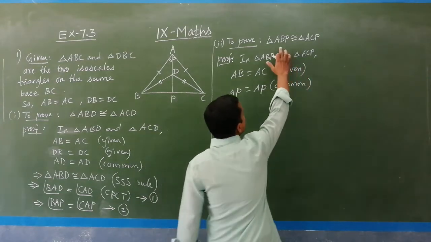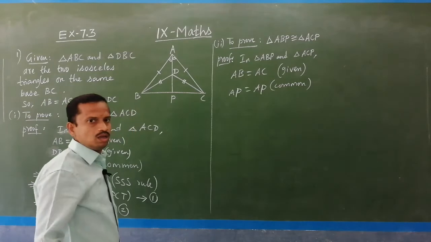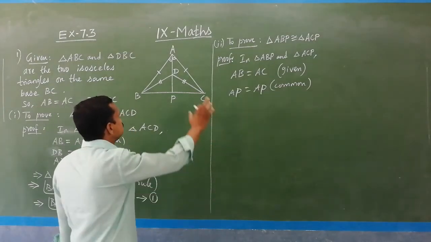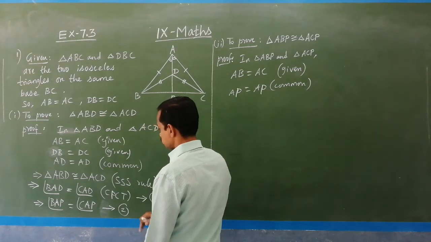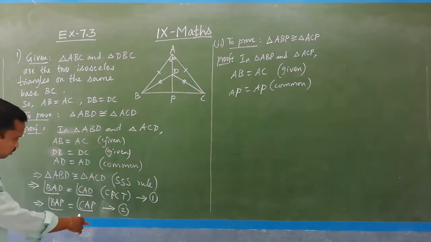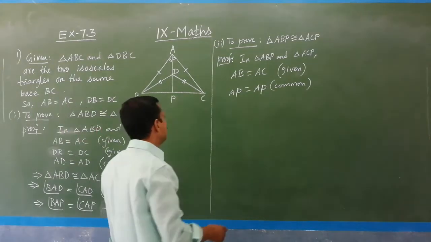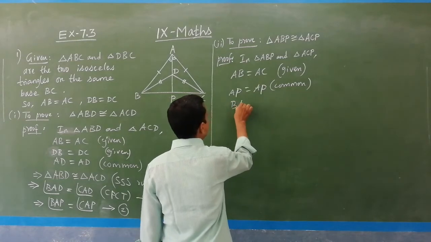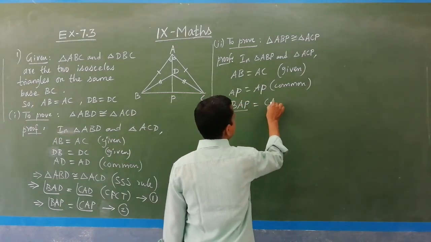To prove these 2 triangles are congruent, already we have these 2 corresponding sides equal, and now we can have these 2 angles from equation 2. So, we can take angle BAP is equal to angle CAP.